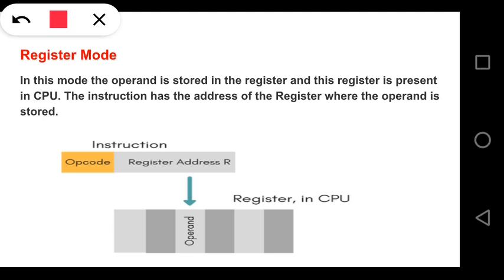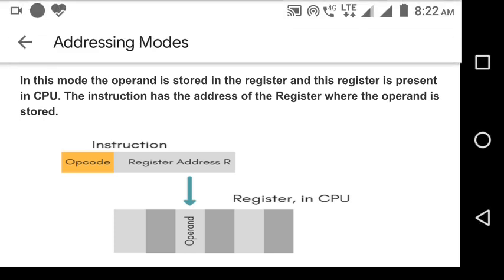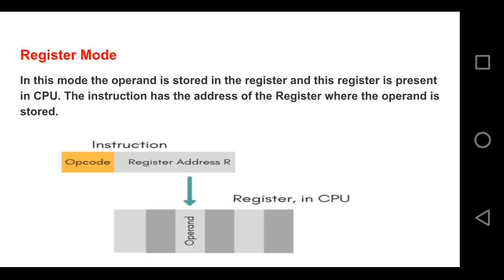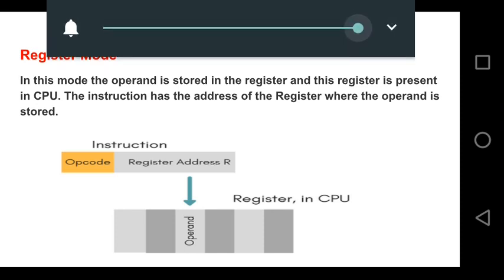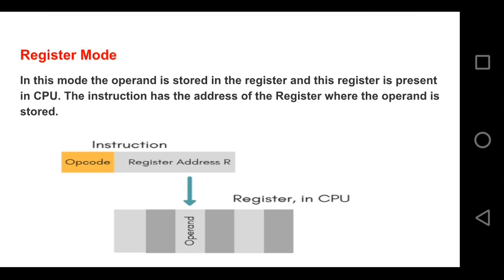So this is called register mode. In register addressing mode, as I specified, the operand of the instruction is stored in the register, and we mention the name or address of the register in the instruction.